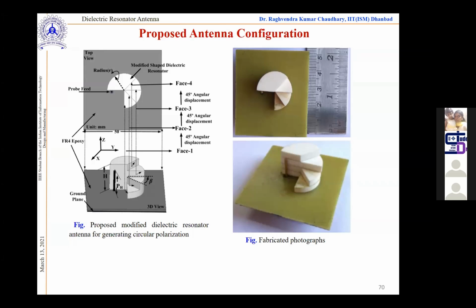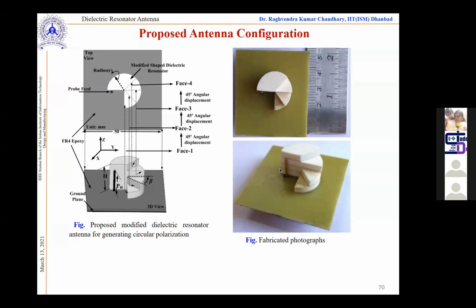As I told you, to have CP there are two conditions. One is the orthogonal field component in space, and the other is a time delay or phase difference of 90 degrees. So first of all, because this is a single feeding system, we simply feed through a probe.